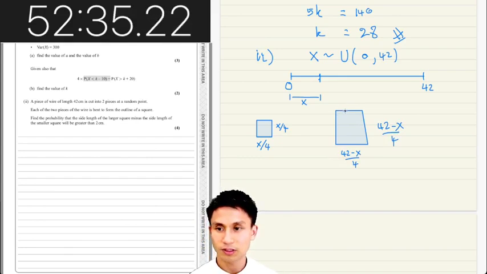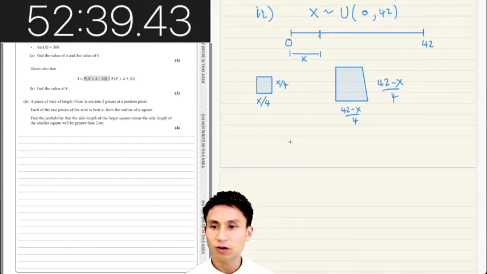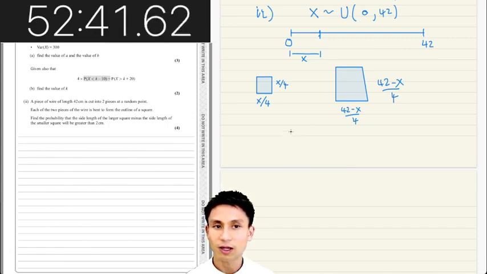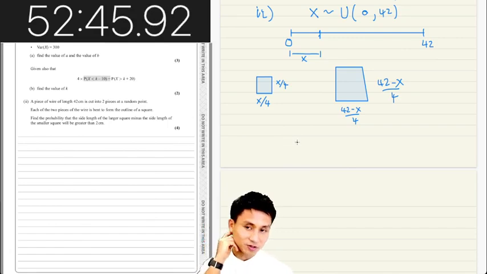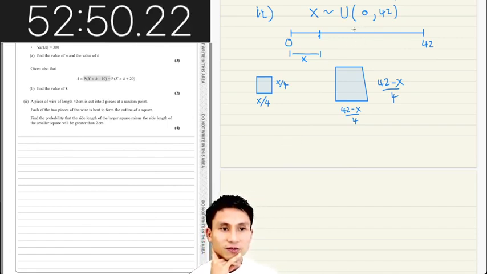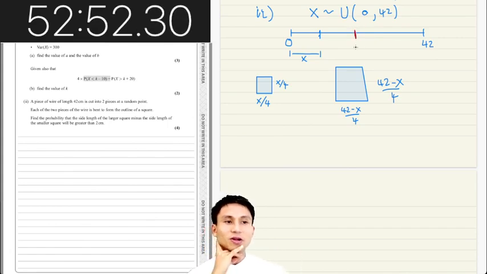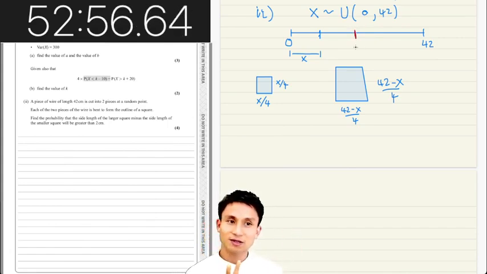Let me just read the question again. Right. So we want the side length of the larger square minus the side length of a smaller square to be greater than 2. So look, guys, be careful here. We have a mirror image because if you cut beyond the midpoint, you're going to get the same effect, right?